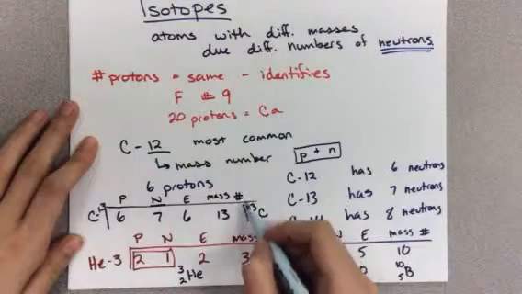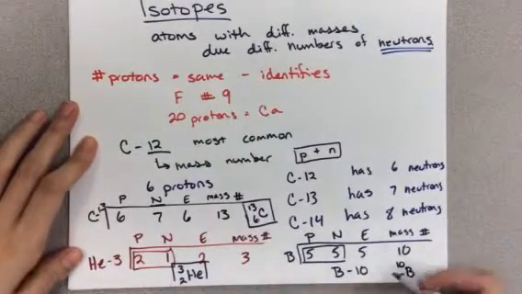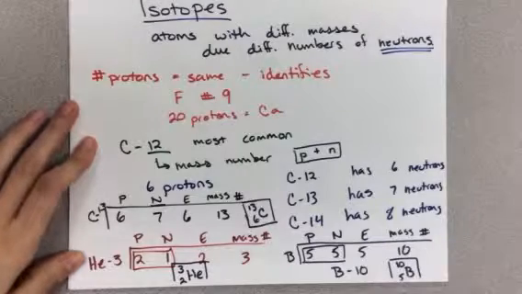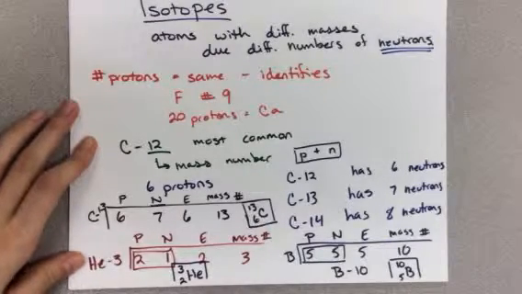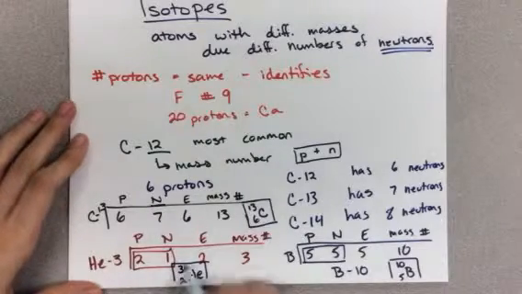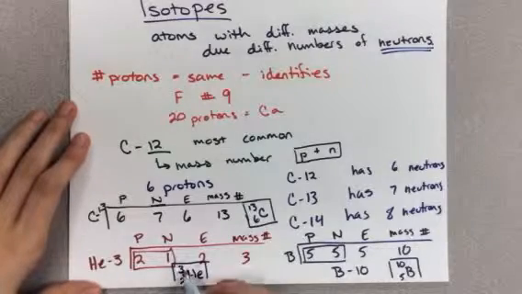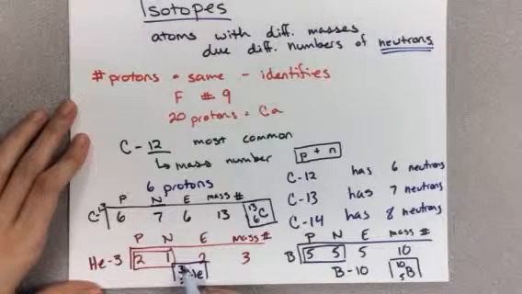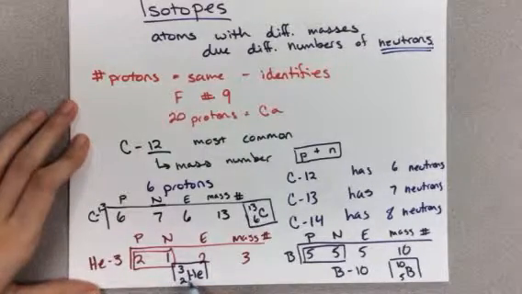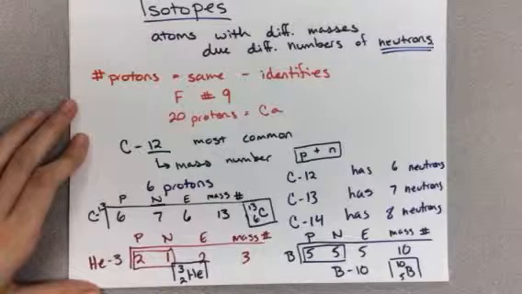So be sure you are able to understand and explain what each of those symbols means and essentially define. Tell me, this is helium, but what is so special about this helium? I know it has 2 protons, but it has 3 for its mass number, so tell me how many neutrons it has based on this. You would need to be able to tell me it has 1 neutron.